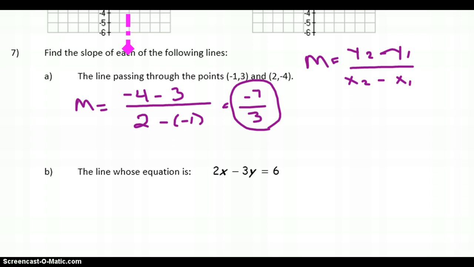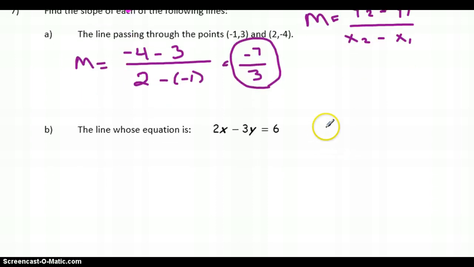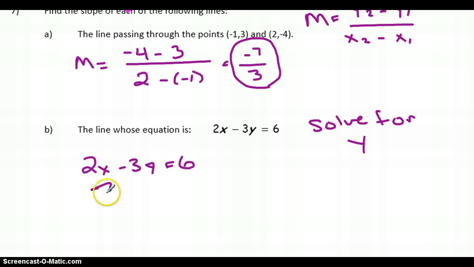If I've got the equation of a line, to find the slope, I just need to solve for y. Solve for y, because y equals mx plus b, slope is going to be the coefficient of x. So 2x minus 3y equals 6. Subtract that 2x, subtract that 2x.